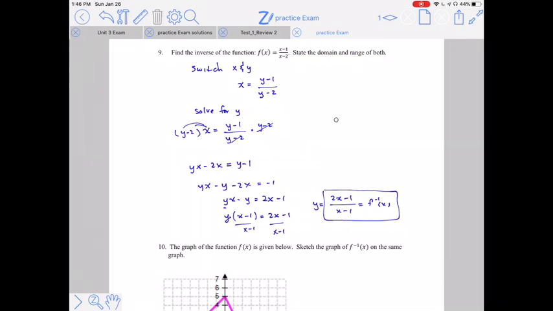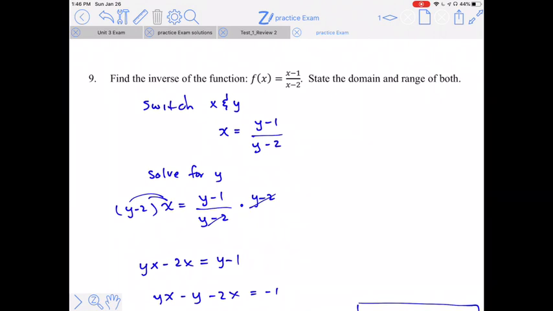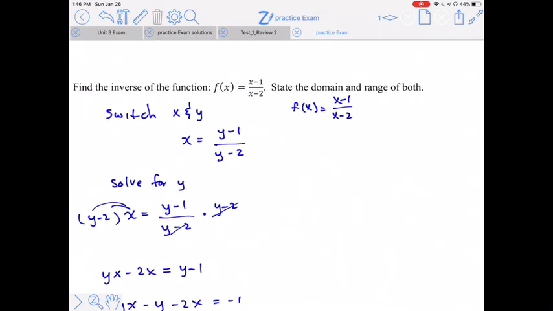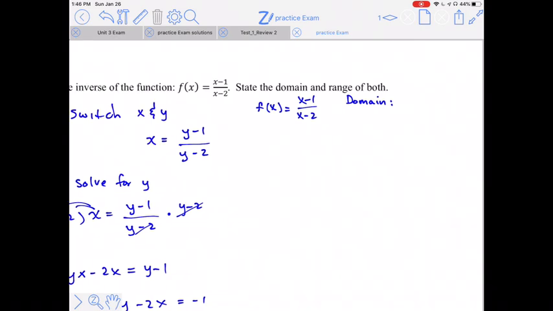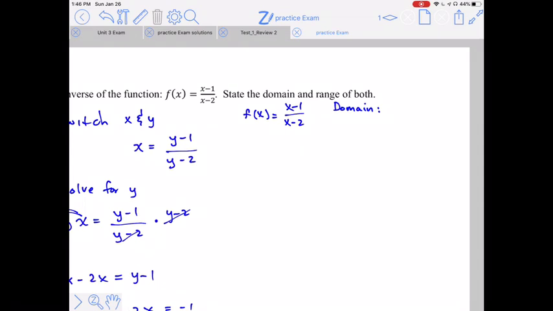Now going back to f of x, the domain of these functions we can find, in this case, since it's a rational function, we don't want to have a denominator of 0, so we can say that x cannot equal 2. We've practiced this a couple times already. It seems to be always that same value of 2. Anyway, the domain is negative infinity to 2, and then 2 to infinity.